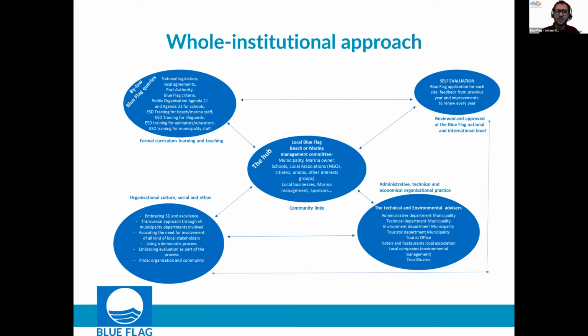Through our holistic approach, we are able to help local communities and the local Blue Flag management system to educate towards criteria, respect of the law, and every single criterion they need to put in place, bringing them education towards self-reviewing what they've been doing for the past years and how to improve, bringing also a sense of self-accountability.